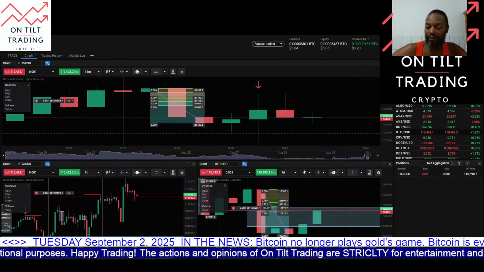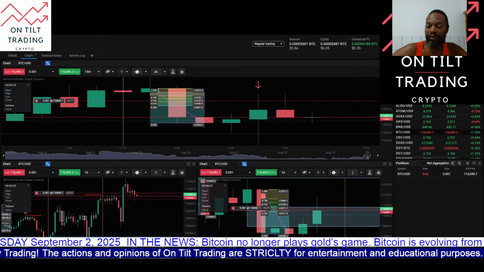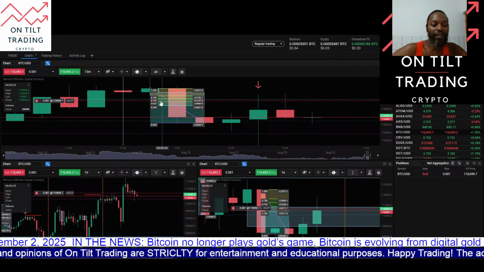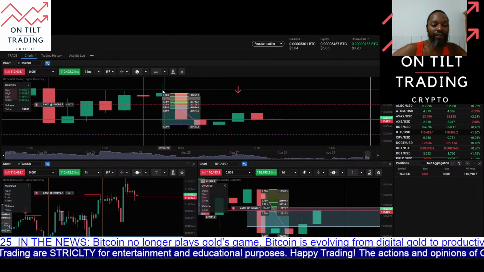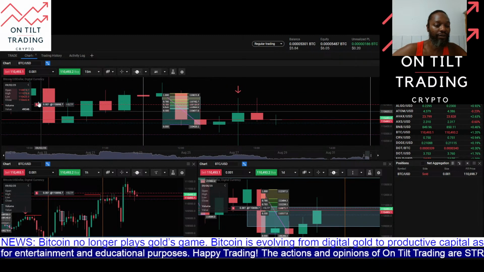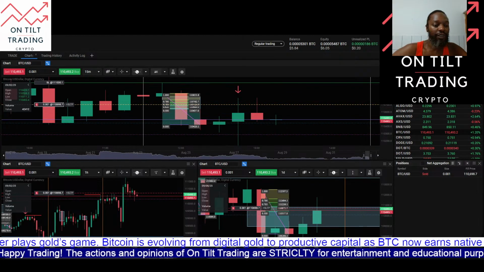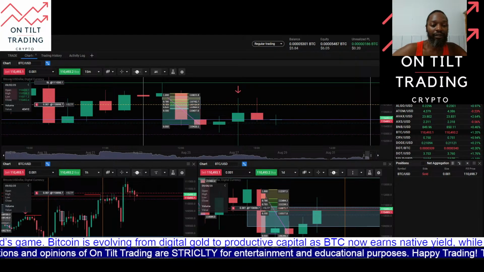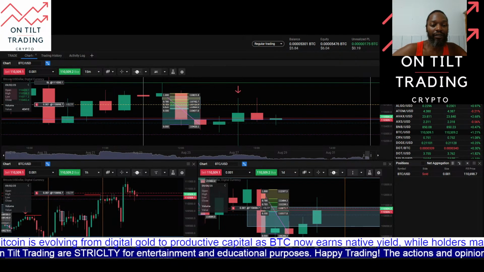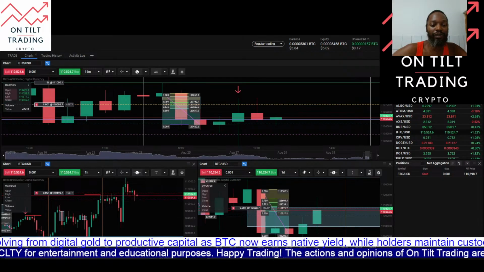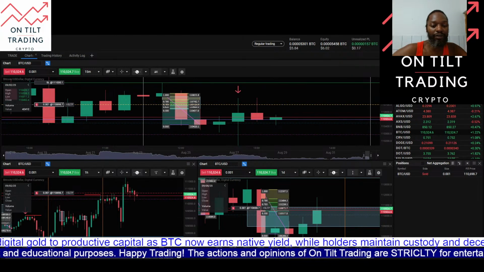And then for a stop loss, my stop loss is just above this swing high here. So you can see my stop loss here. So there's a 10-cent spread on Bitcoin, so a 20-cent stop back here.